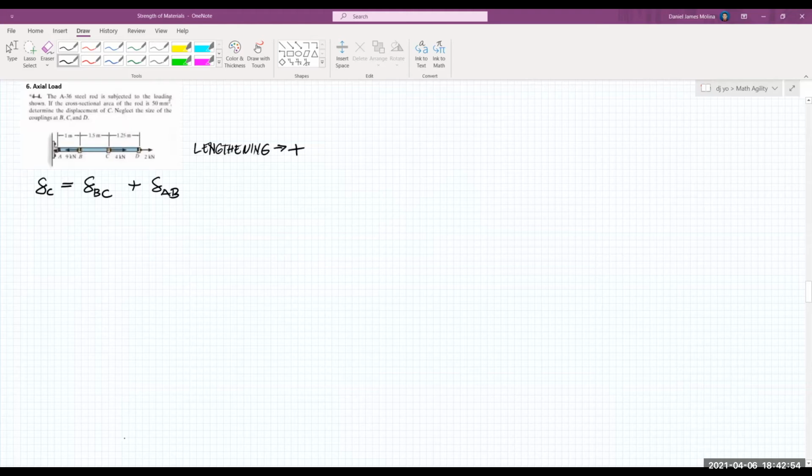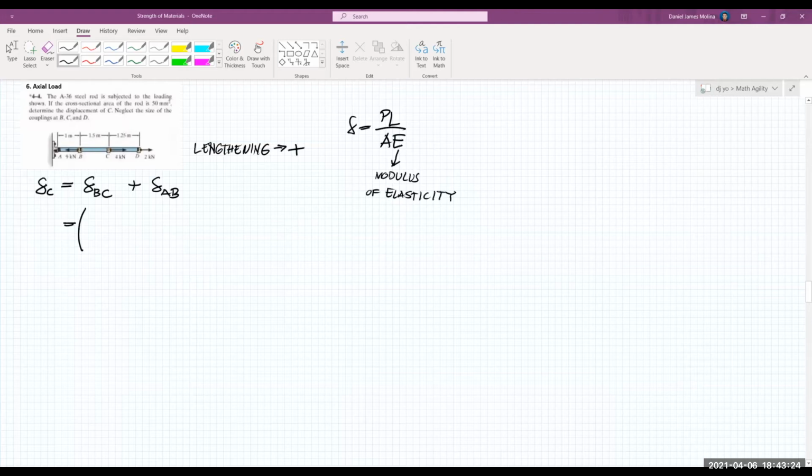So let's have that as a positive sign. Okay, so for the deformation of bar BC, we must use the formula for axial deformation, which is force times length over area times E, where E here is the modulus of elasticity, sometimes called the Young's modulus.